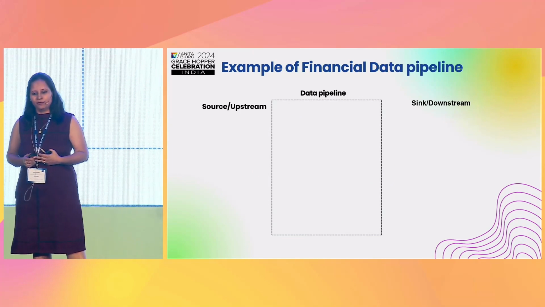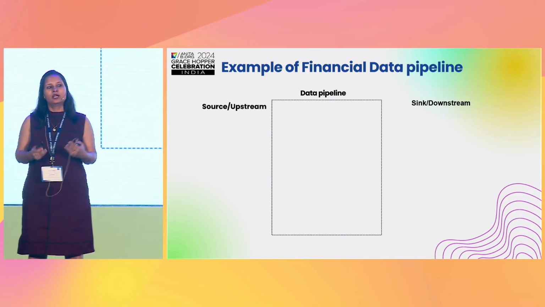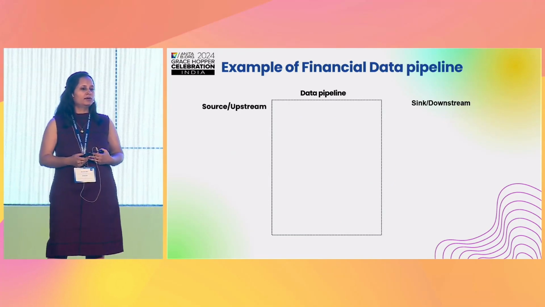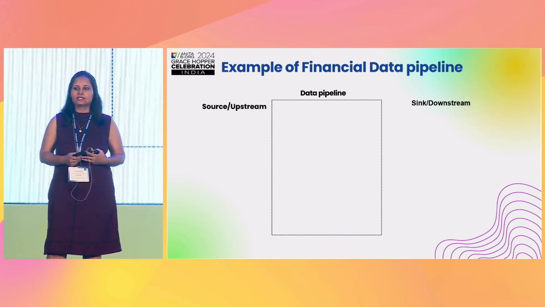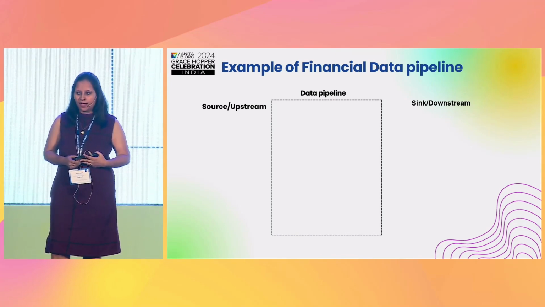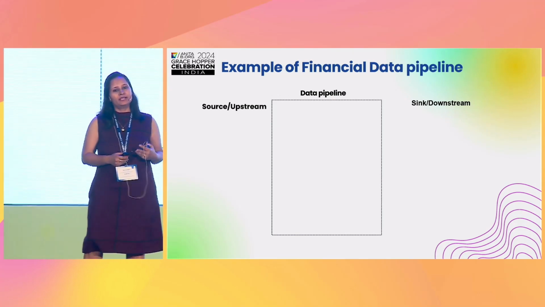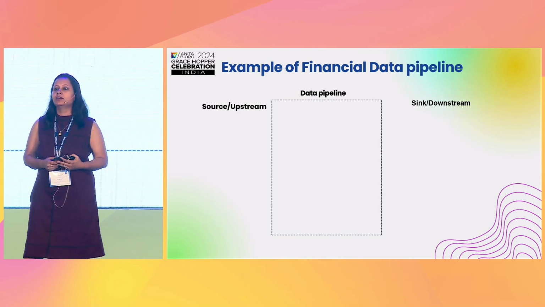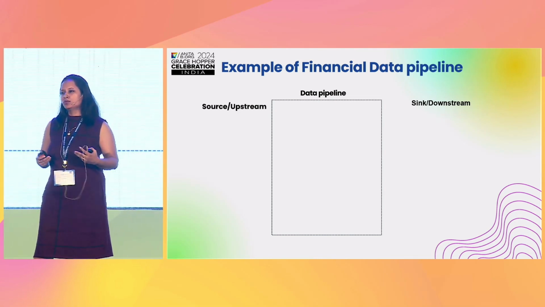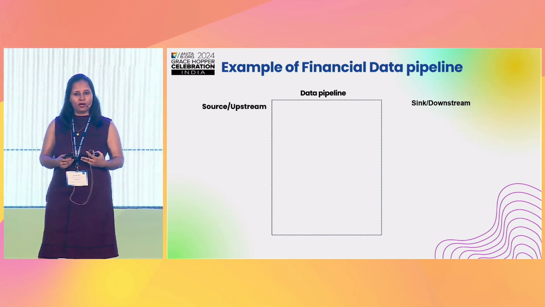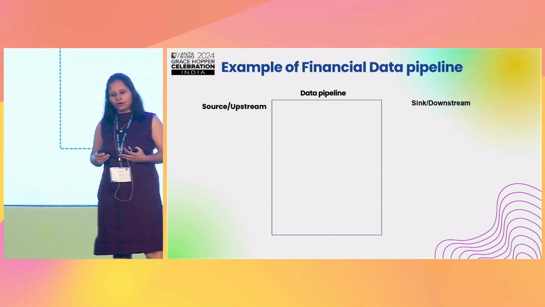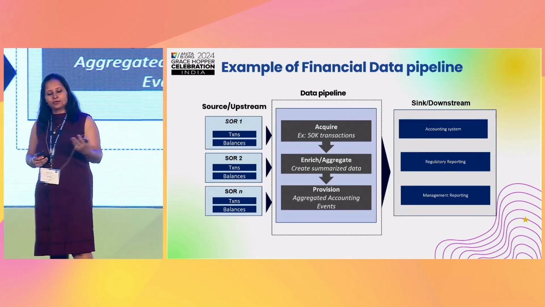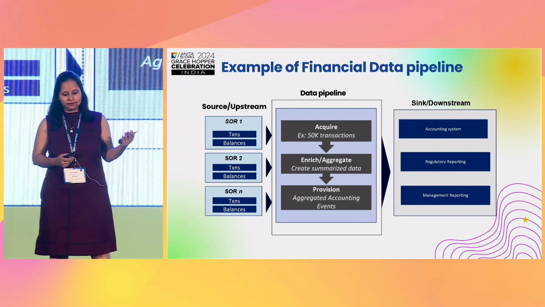Now an example of financial data pipelines. When it comes to finance data, it is about the transactions and the balances data which we receive from various systems of record like consumer account receivable, corporate account receivable, loans data, deposits data, loyalty. All those systems of record act as our upstream or source systems.